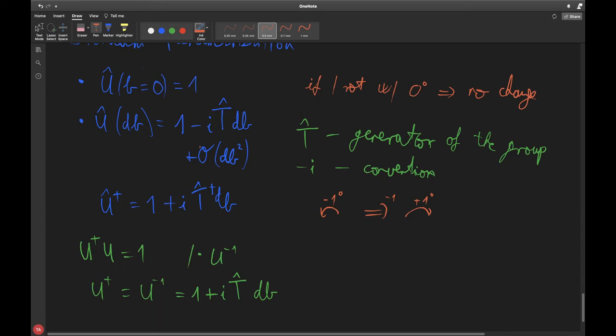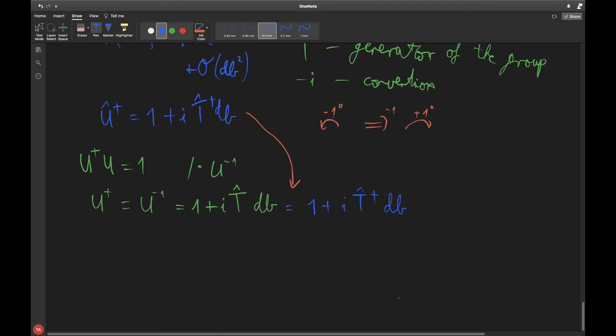Okay, so we learned something from this because we now said that the inverse is that, but then the U dagger was this guy up here. So putting this in with the blue, this was the same as 1 plus i T hat dagger dB. So everything is the same here except that we have a T on the left and a T dagger on the right.